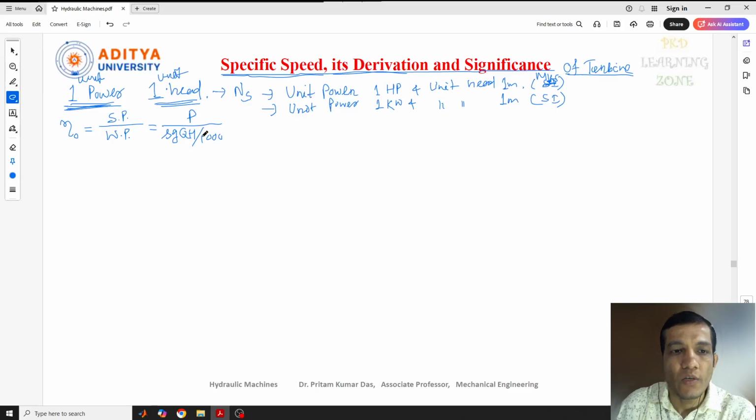Here we can write the power P by taking this term to that side: P equals overall efficiency into rho into g into H into Q divided by 1000.